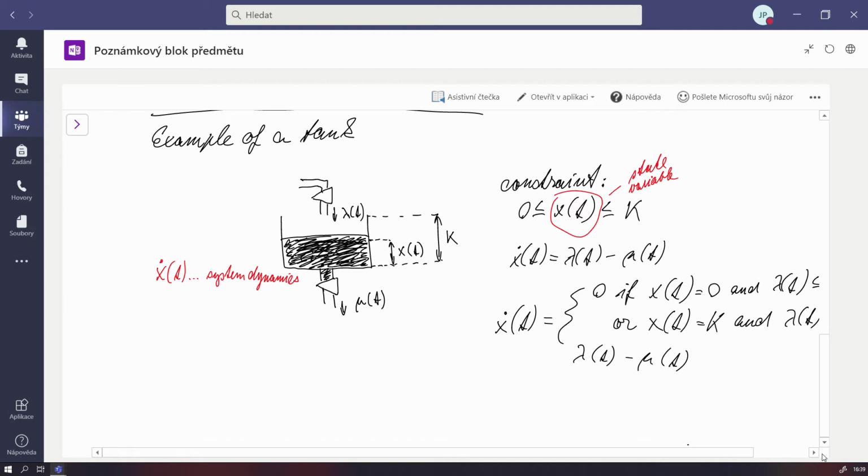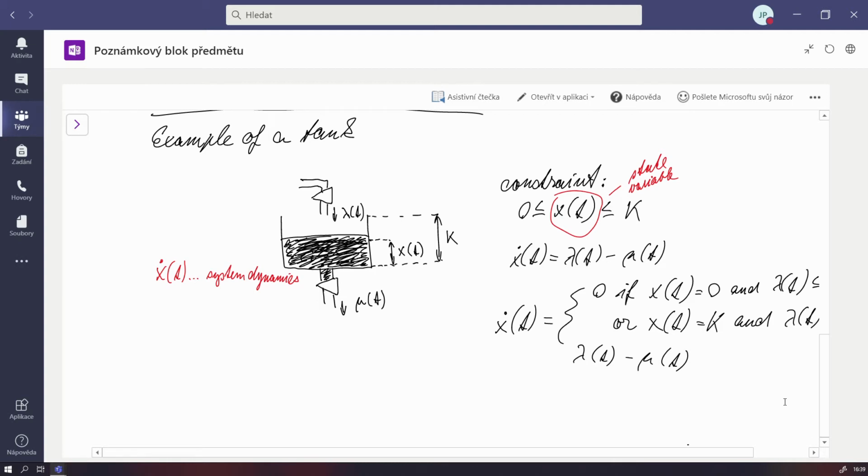We can have a look at the so-called sample path, which represents the behavior of the system for various shapes of the inputs.